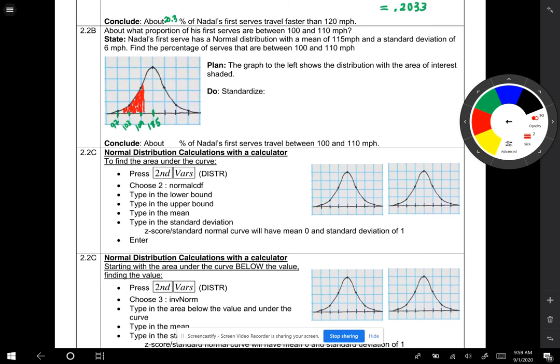So let's do the z-score first for 110. The z-score is equal to the value minus the mean divided by the standard deviation of 6. Do the math there. That's negative 5/6, which is negative 0.83.